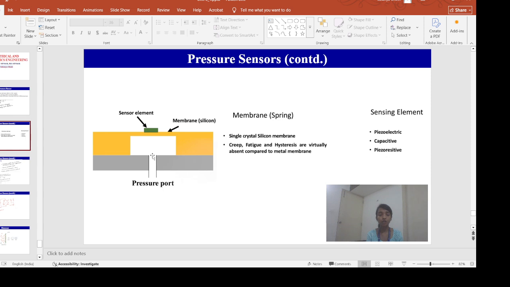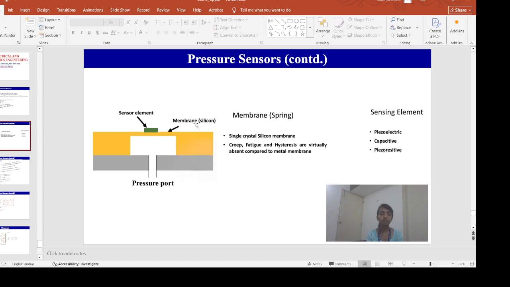This pressure port is connected to some gas chamber for which we want to measure the pressure. Now what happens if there is a pressure difference between the top side of the membrane and the bottom side of the membrane? Due to that there will be some deflection in the membrane.